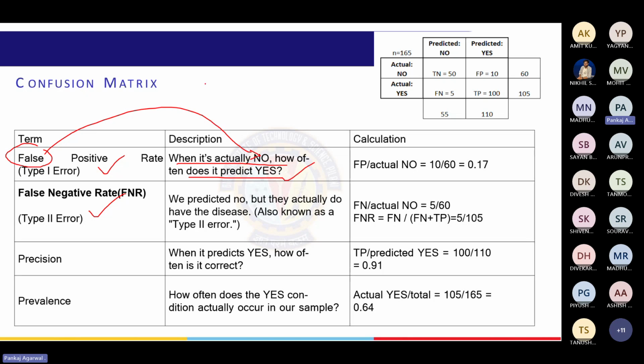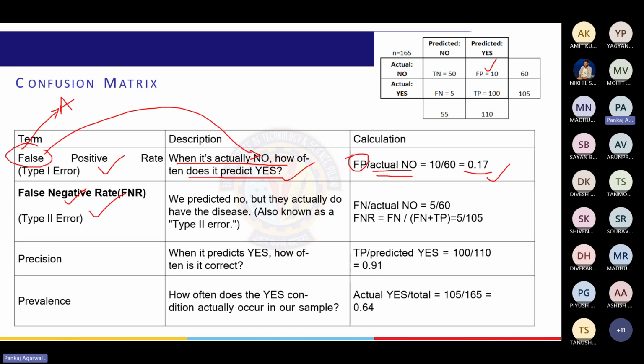So the first term is always for the actual value, right? When it was actually false, out of those false cases, how many were predicted yes or true? You got this? So for the false positive, you have the false positives divided by all the cases which were actually no. This is how you would be able to calculate it.